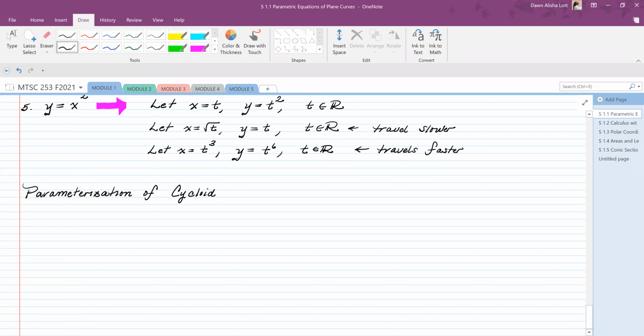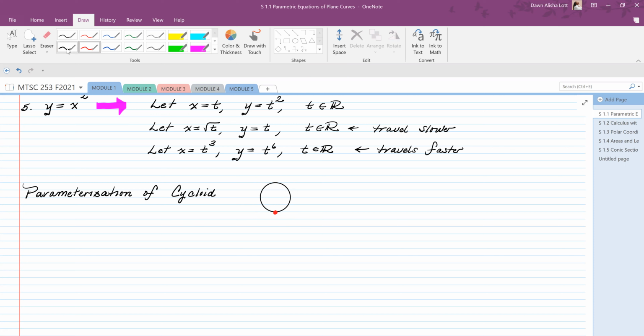All right, so let's imagine that you have a tire and you mark the tire with a red circle. Okay, so I have some tire that looks like this. And I'm going to put a red mark right here.